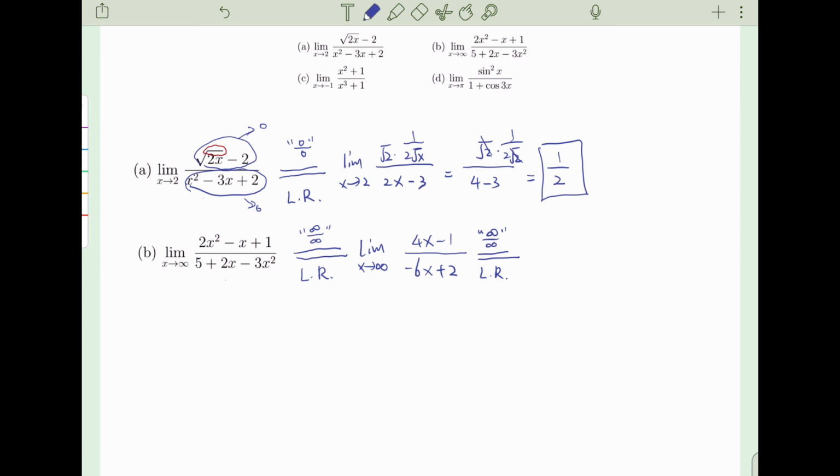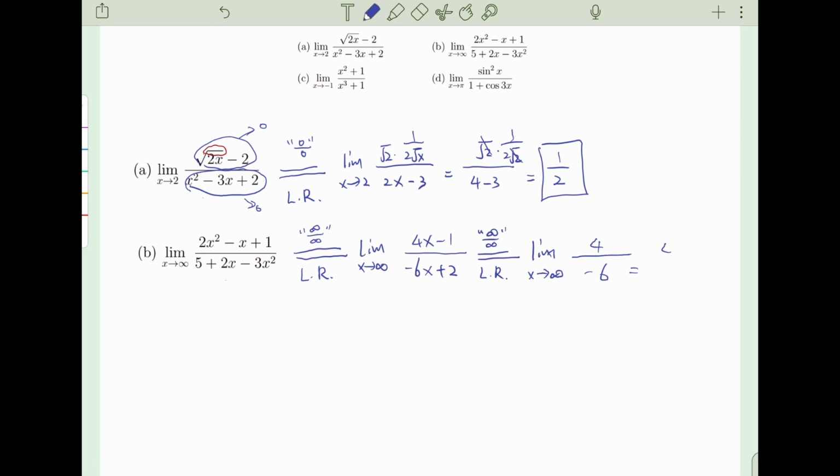So this limit x goes to infinity, and the top is replaced by the derivative of the original expression, that is 4, and this is -6, and then this is a constant, right?